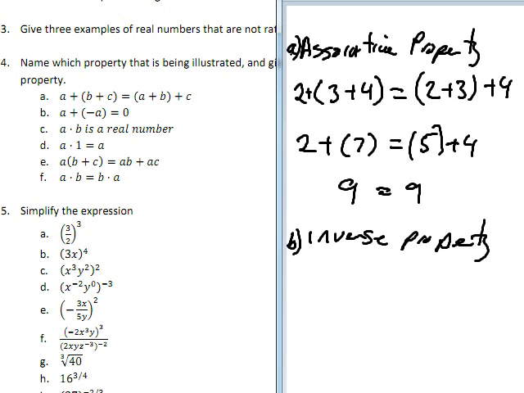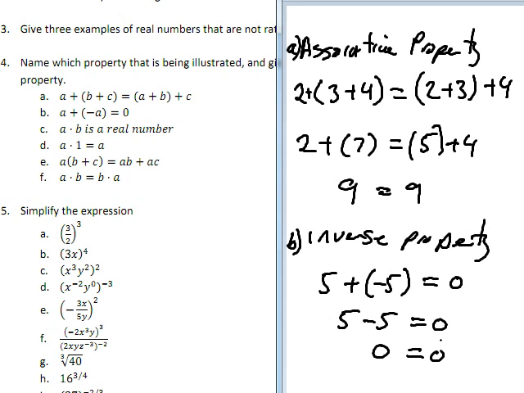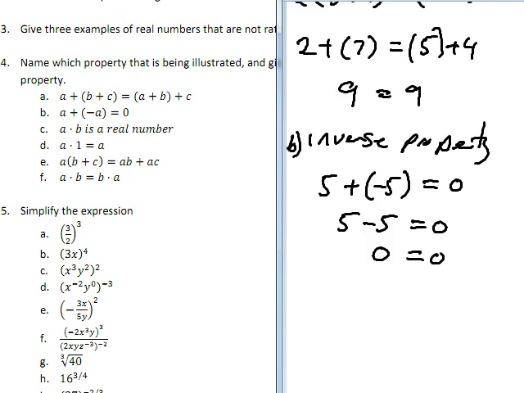And again, we'll just show an example of that. So if I say 5 plus (minus 5) equals 0, 5 plus minus 5 is going to be 5 minus 5, which is equal to 0. 0 is equal to 0. It's all good.